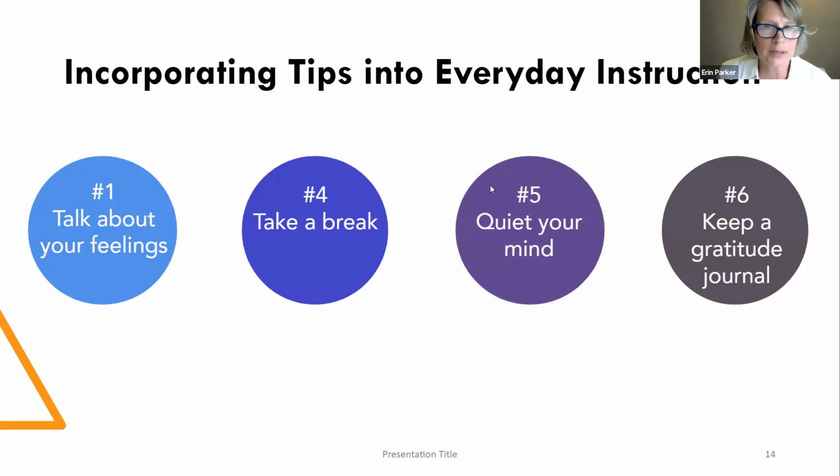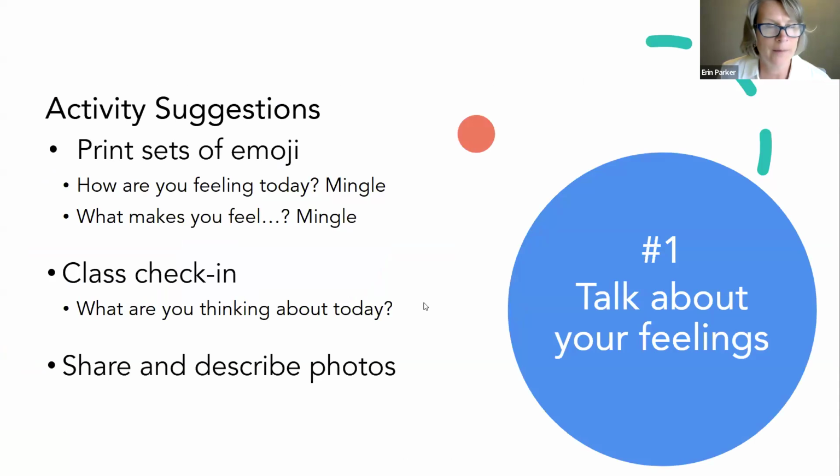I pulled out a few of the ones that I have done here. Number one, talk about your feelings. Number four, take a break. Number five, quiet your mind. Number six, keep a gratitude journal. So I'm just going through these ones and giving some activity suggestions.